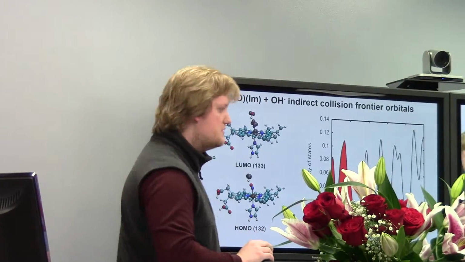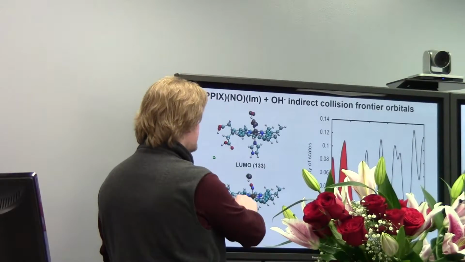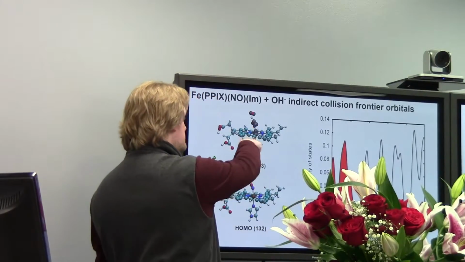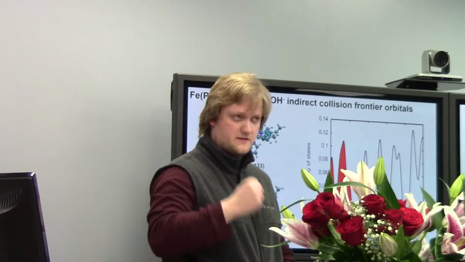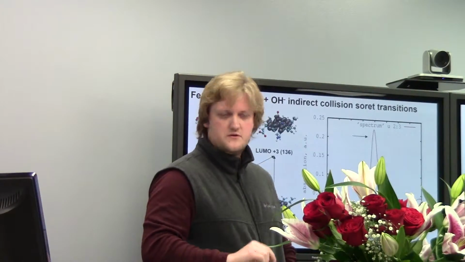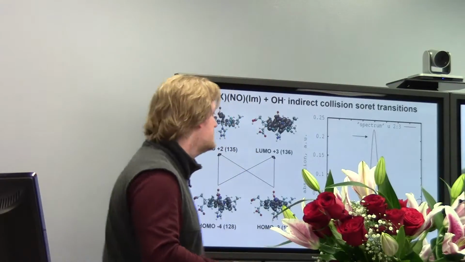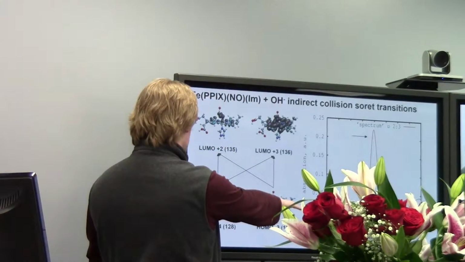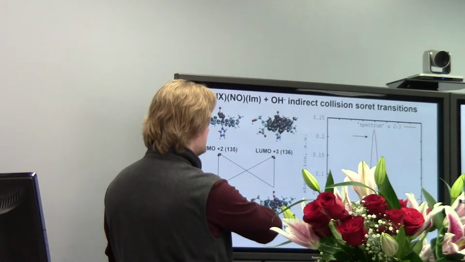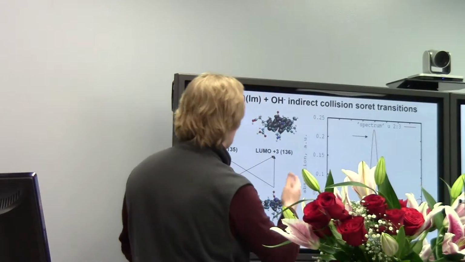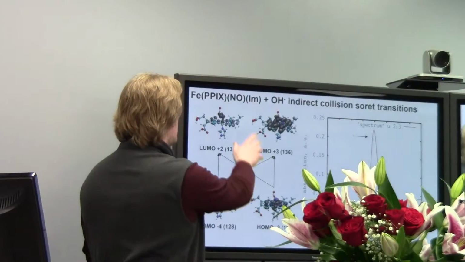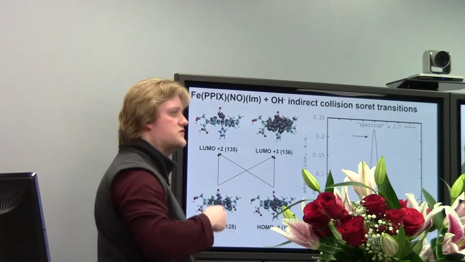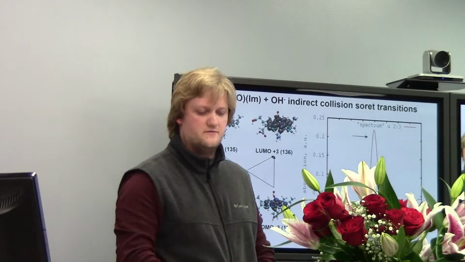Here, our HOMO has charge density now on the hydroxide, whereas the LUMO, once again, has some charge density on the nitrosyl ligand. If we look at our Soret transitions, while our HOMOs, where the transitions arise from, are delocalized in the porphyrin ring, some of the LUMOs actually have some charge density on the ligands. So there's a slight difference there.